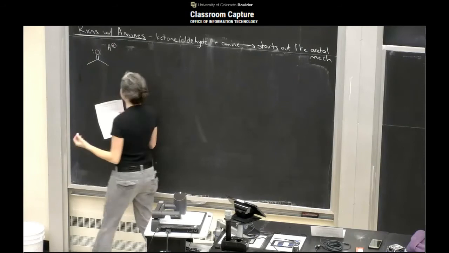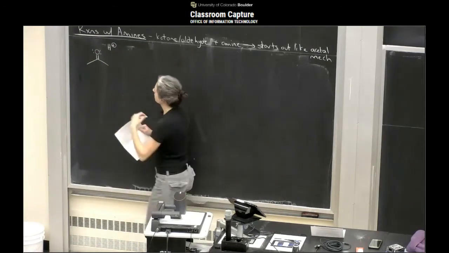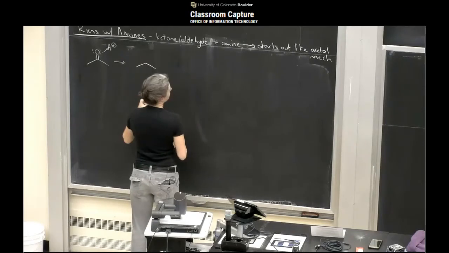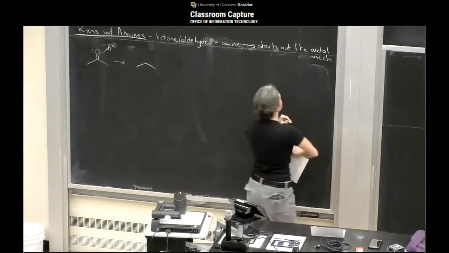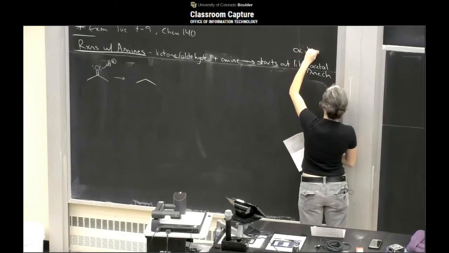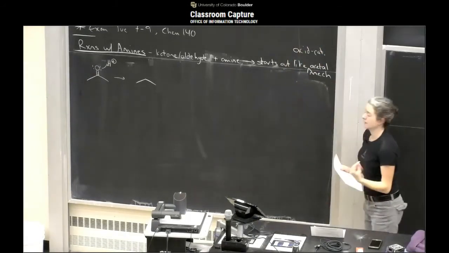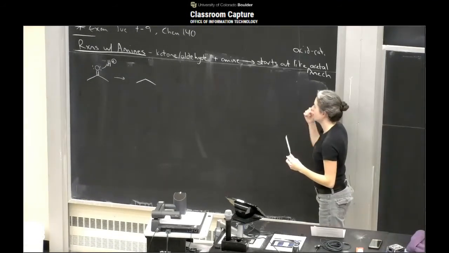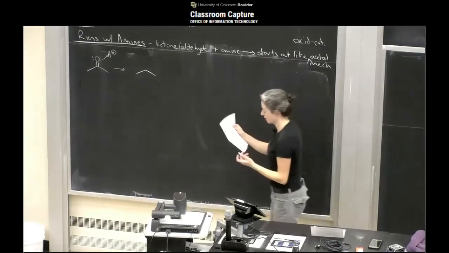Okay, so if we have our ketone here, and we protonate it, I guess I should say specifically the acid-catalyzed acetal mechanism, because usually you're going to do this in a very small amount of acid. We can talk about the details on that in a second.